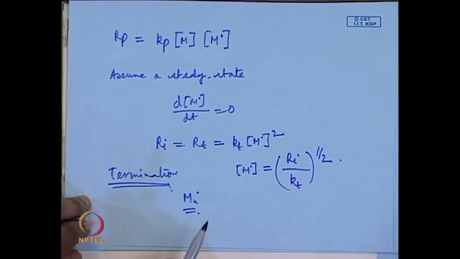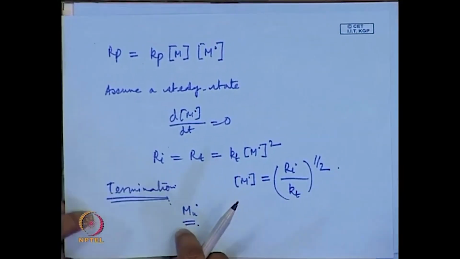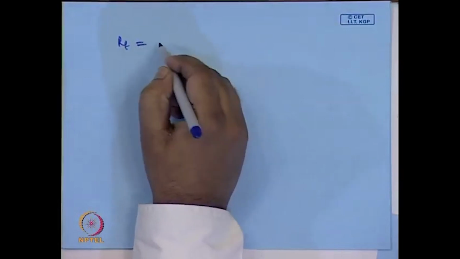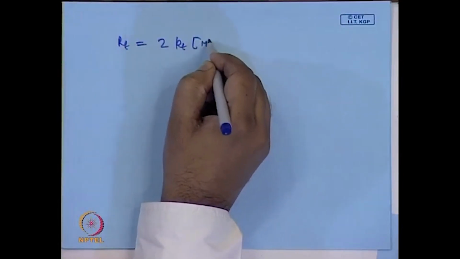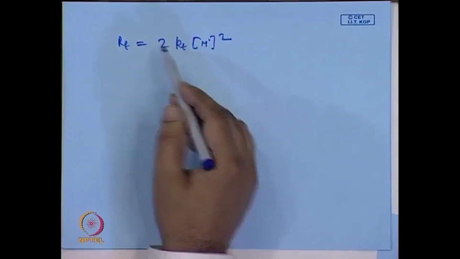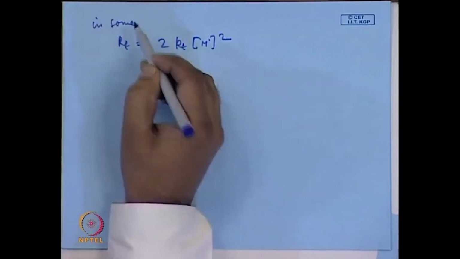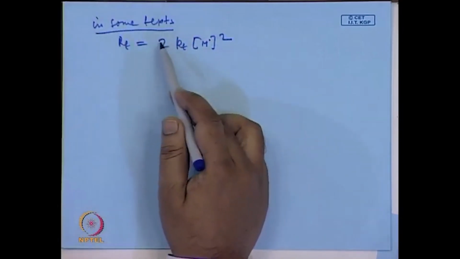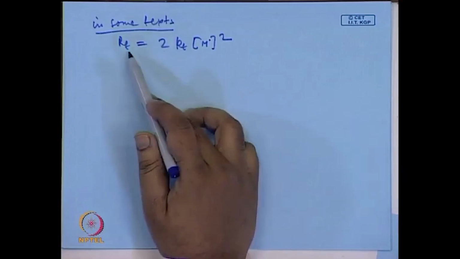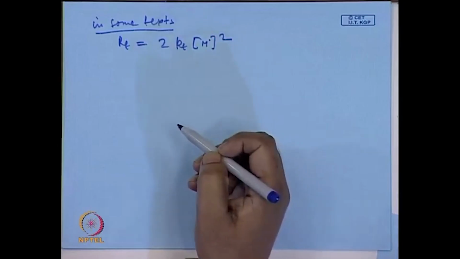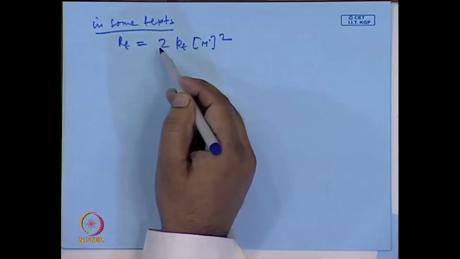Now, in some texts they write the rate of termination as twice Kt M dot square. This twice is introduced because one termination reaction is effective in terminating two radicals. So, these two terms we introduce.